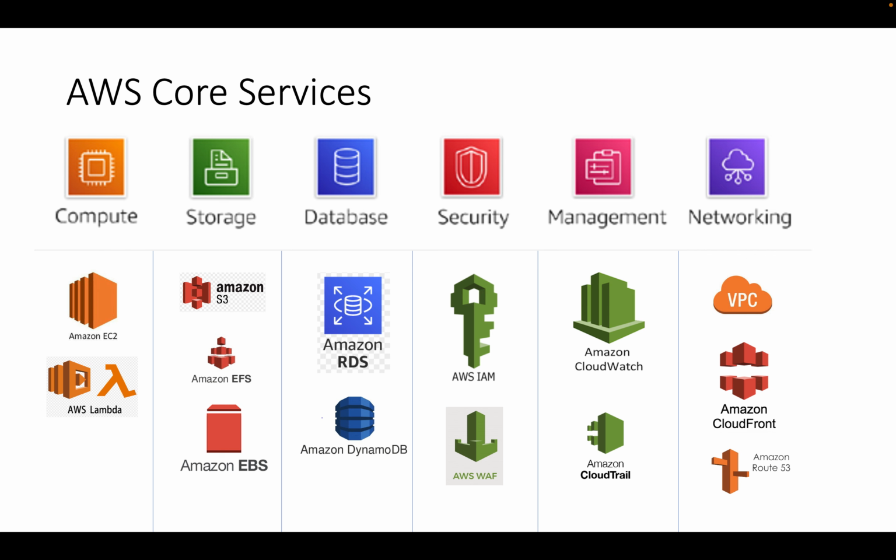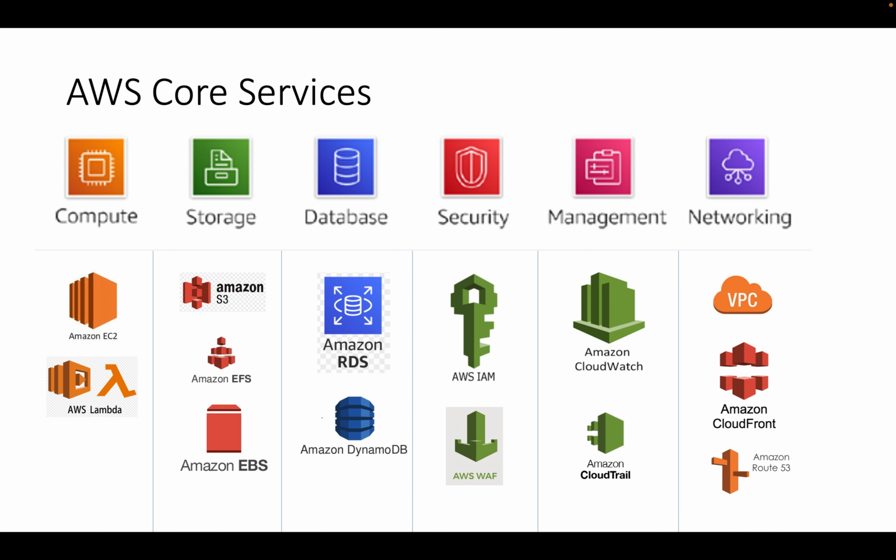Security is the first service we need to know before we jump into the AWS Cloud, like AWS IAM and also AWS WAF, and we will talk more about other AWS security services as well.